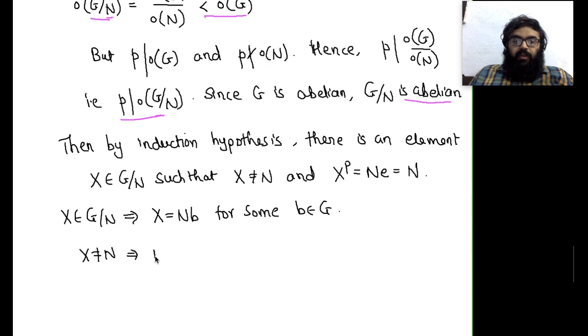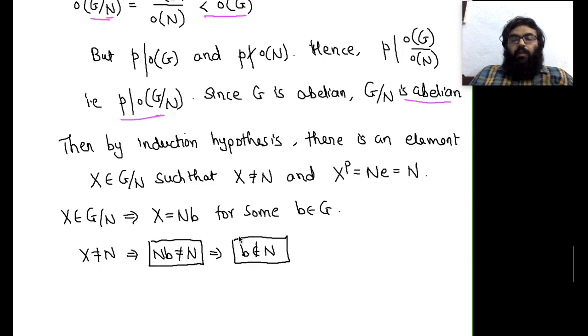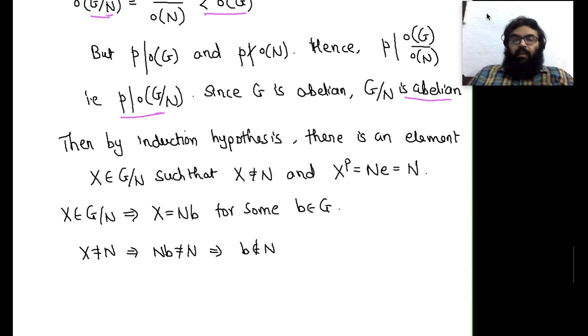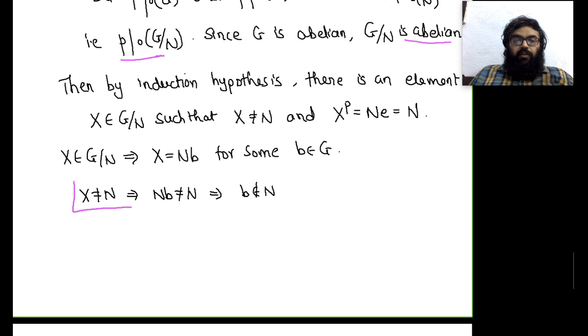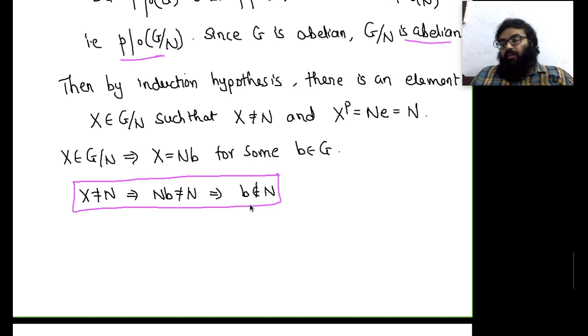This implies nb is not equal to n. This implies b does not belong to n. So this is the fact we are using: x is equal to nb, and nb is not n, which means b does not belong to n. So this is the one point we are getting from here.